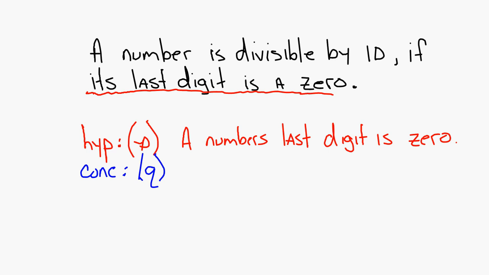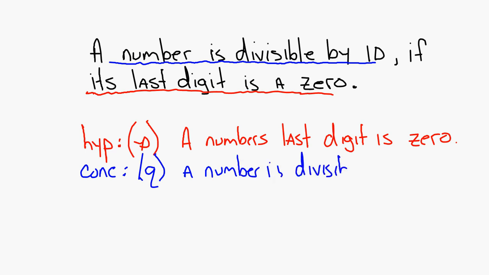But by process of elimination, if what follows the if is the hypothesis, then isn't the number being divisible by 10 the conclusion? Okay, so your conclusion is that a number is divisible by 10.